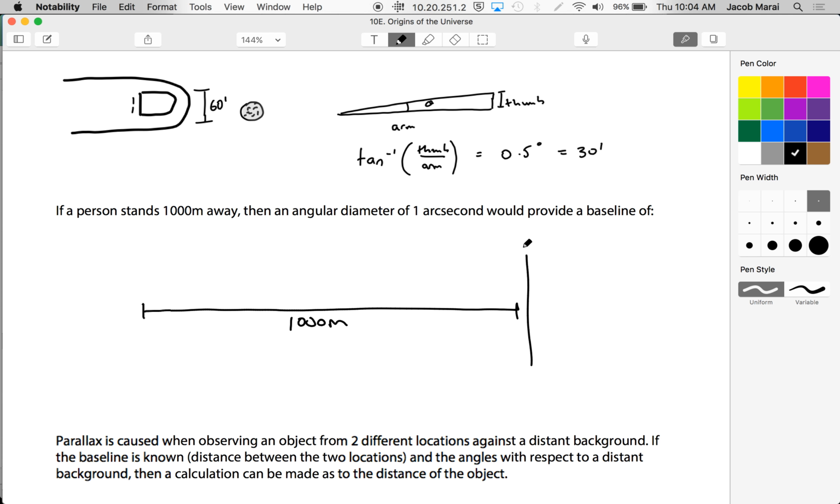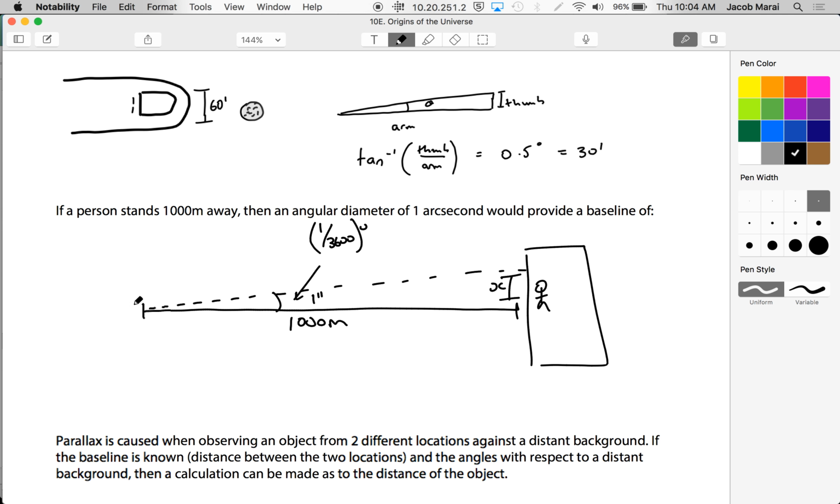So imagine you looked up and there was a person standing on their balcony. What would 1 arc second look like in terms of the size that it appears? So we're going to draw a little dashed line. And we're asking for what the size would be if this angle was 1 arc second, or 1 over 3,600 of a degree.